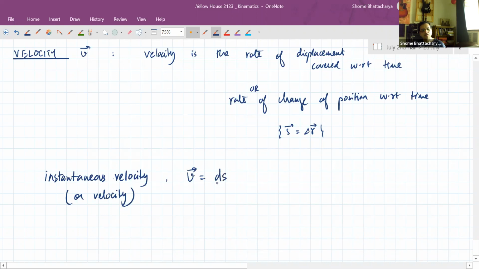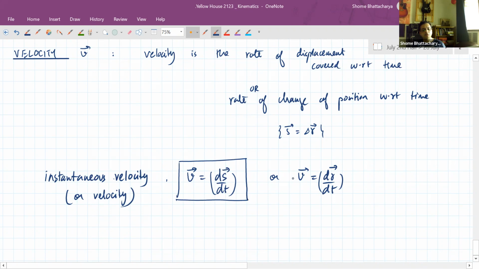That is displacement in small time dt divided by the time dt. Or we can say the displacement in a small time dt is nothing but the change in position dr during that time dt. So they both mean one and the same thing. It is instantaneous rate of displacement covered with respect to time, or instantaneous rate of change of position with respect to time.